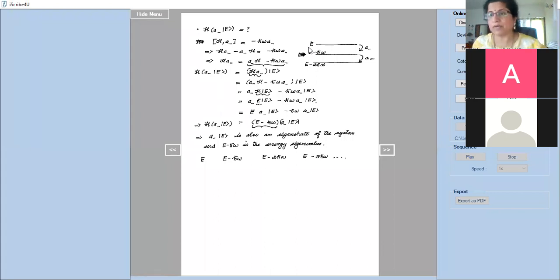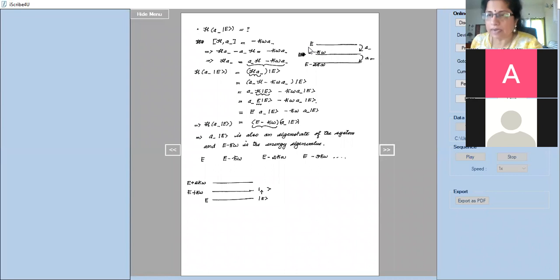So now let's just have a look at the whole situation. We have E. We know E is an energy eigenvalue. Immediately we know that E plus H cross omega is also an eigenvalue. We know that E plus 2H cross omega is also an eigenvalue. And these are all the eigenstates. If this is E, then you have climbed to some other state over here.